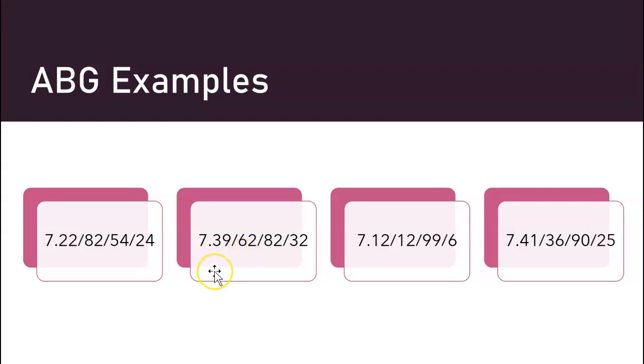But the pH is normal. So are we compensated? What's going on here? Let's take a little gander. We go over to our bicarb. Oh, our bicarb's out of range. It's high. But my CO2 is also high.